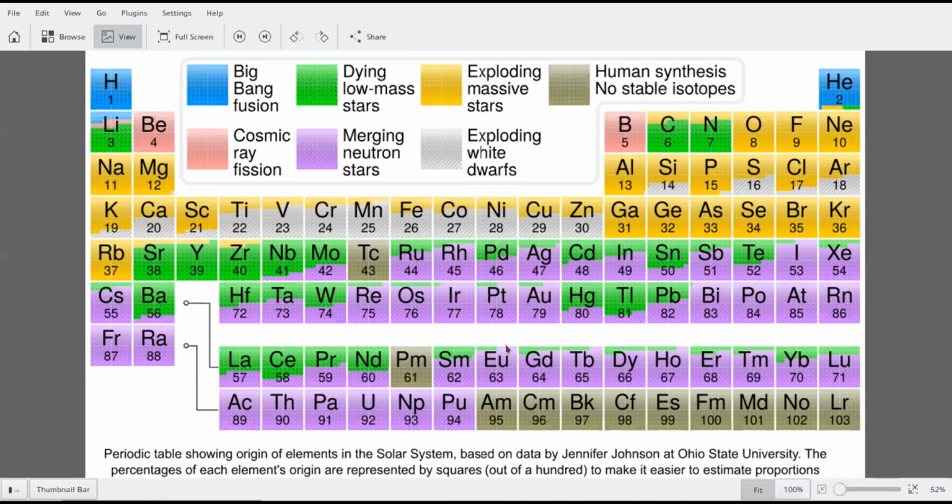Before, we thought it came from exploding massive stars and exploding white dwarfs, the type 1A supernova, and then we realized that. Also because we observe it directly in the composition.